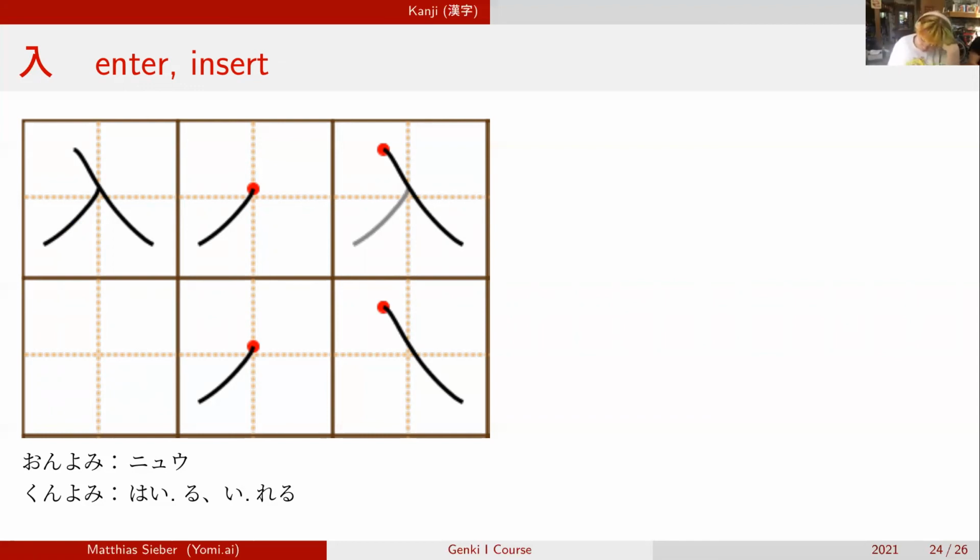Right. And then also, for example, of course, you know deguchi, right? Exit. And now we can also do iriguchi.